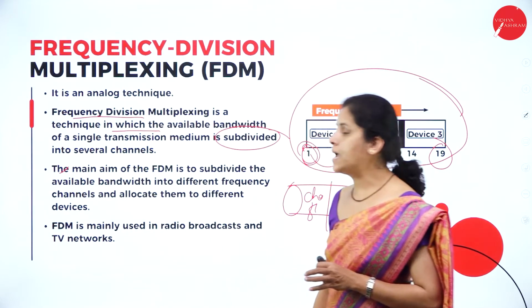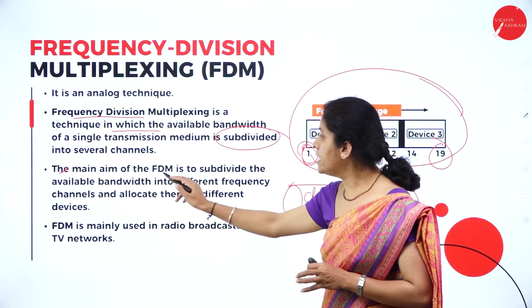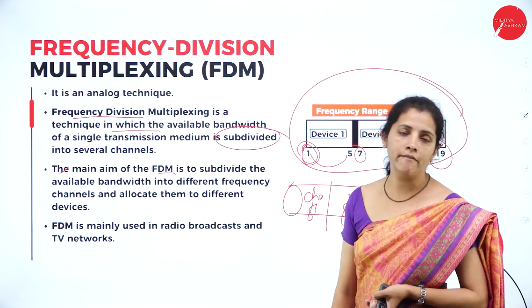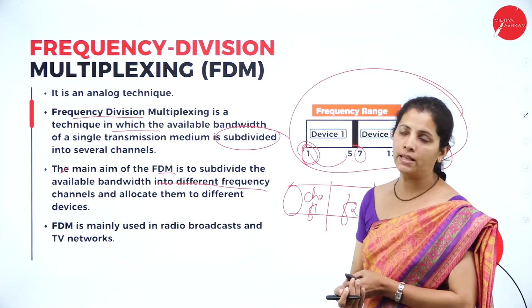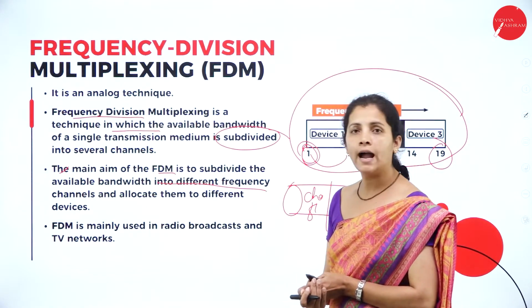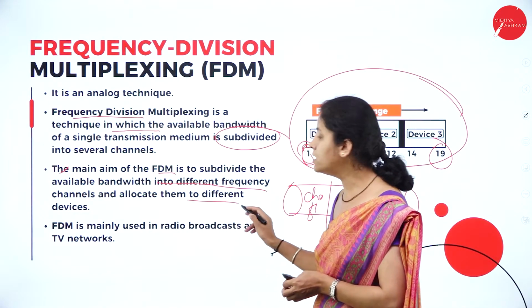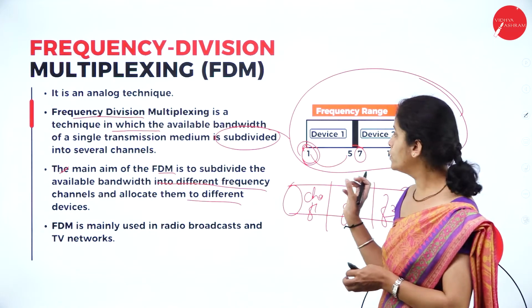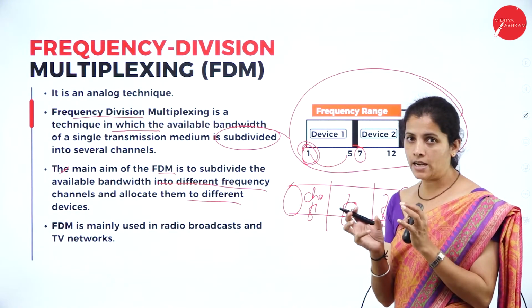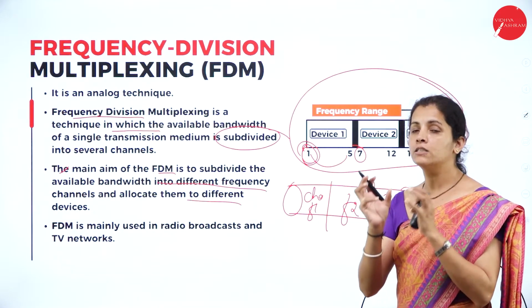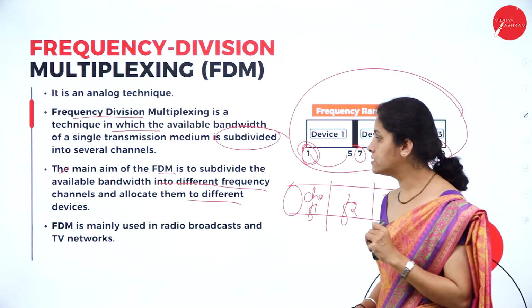The main aim of the FDM is to subdivide the available bandwidth into different frequency channels and allocate them to different devices. So I'm going to divide the entire frequency into sub-channels, and allocate the sub-channels to the devices.